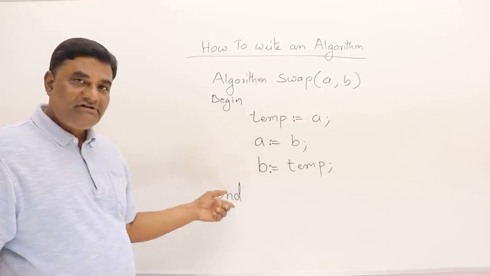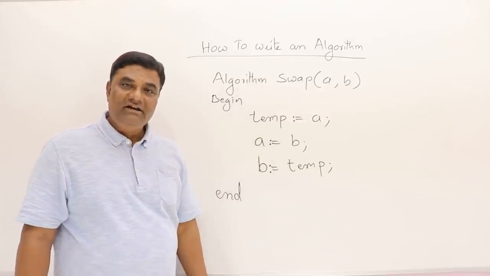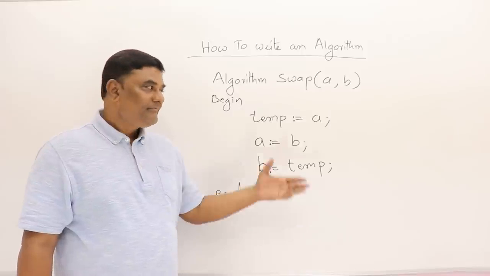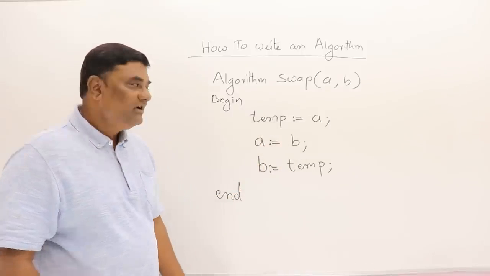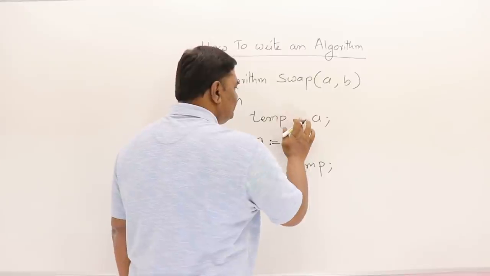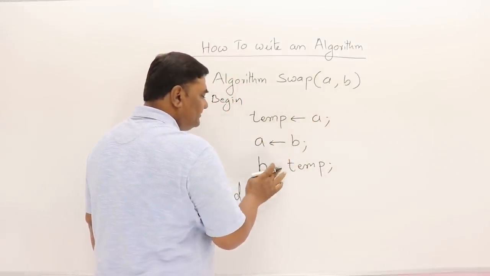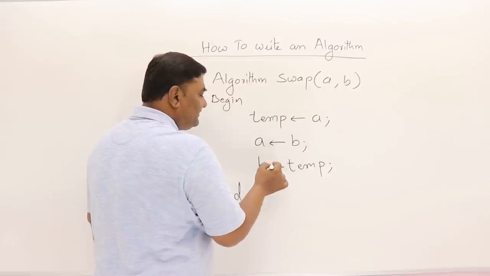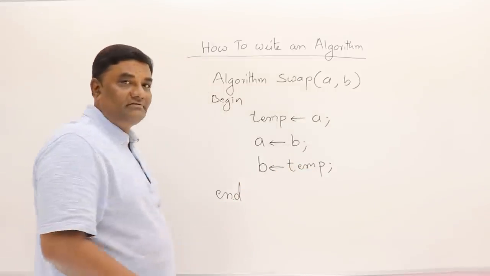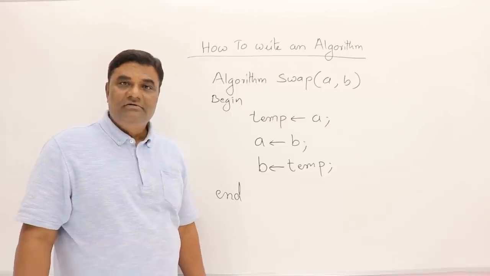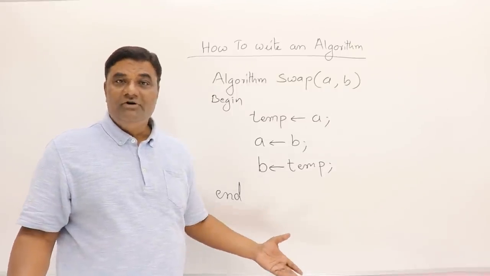Actually, this is the assignment symbol that was used in some old languages like Pascal. So you can use that one. Or else, you can use this symbol for showing that this value is stored in this one. So it's up to you how you want to write it.